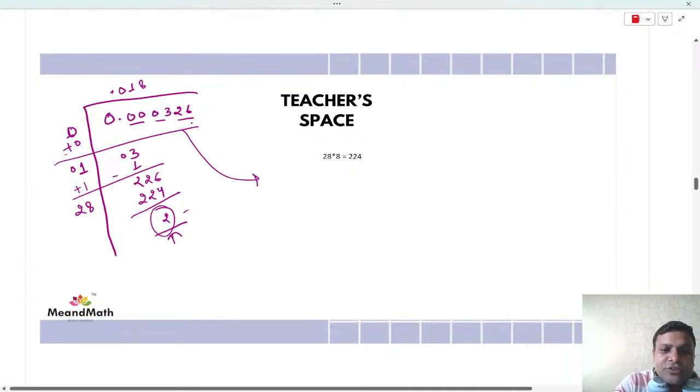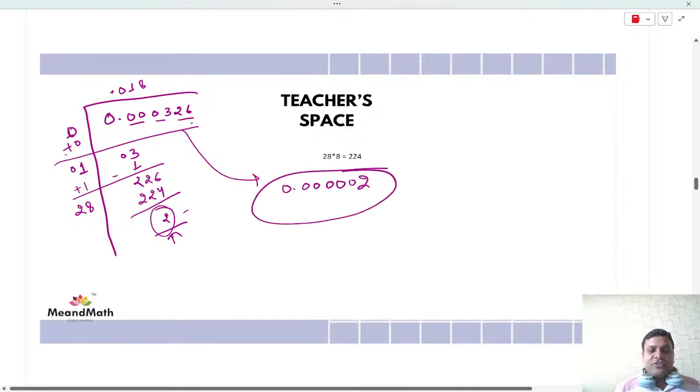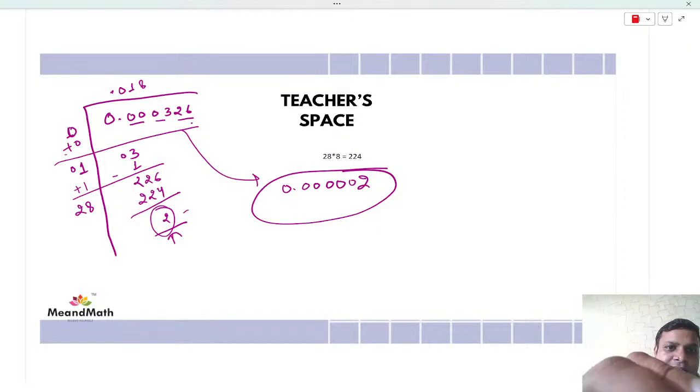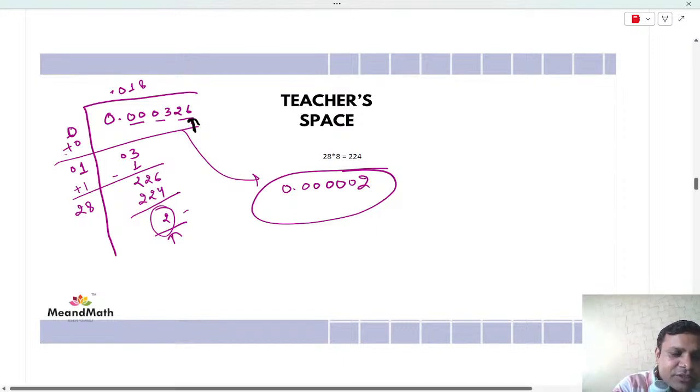So the answer is 0.000002, because where 2 is situated, at this position, 1 2 3 4 5 zeros, then the answer is 2.